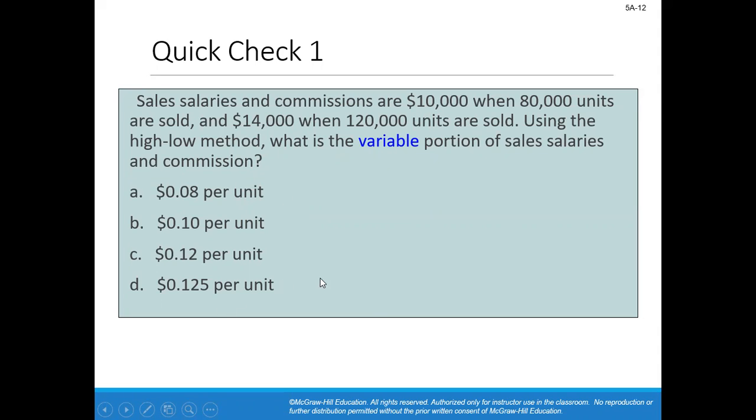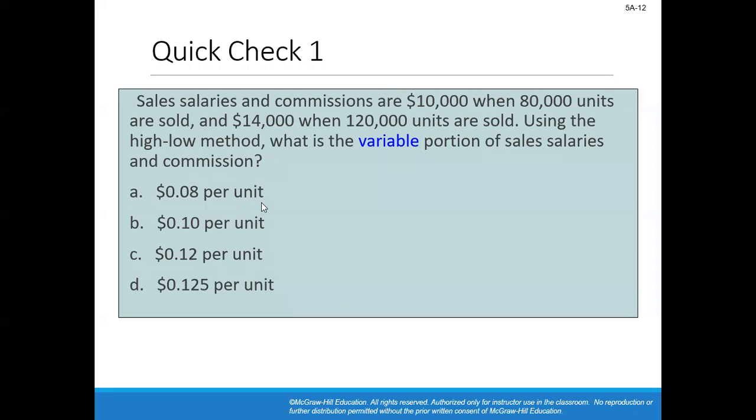So it is asking for the B. Very quick. We are getting the answer 0.1, or answer B.